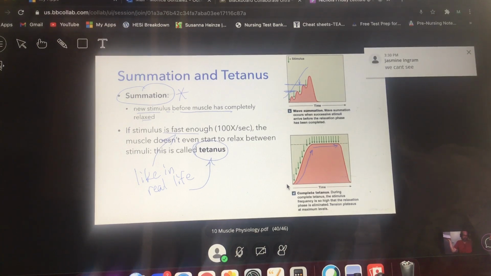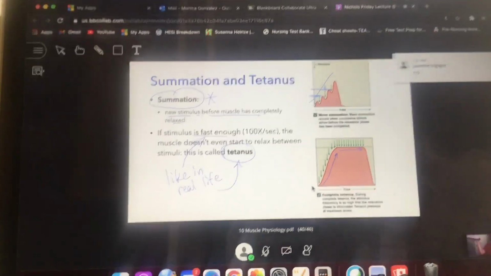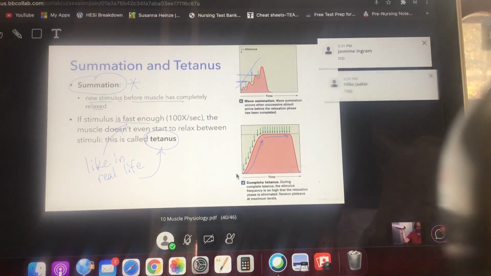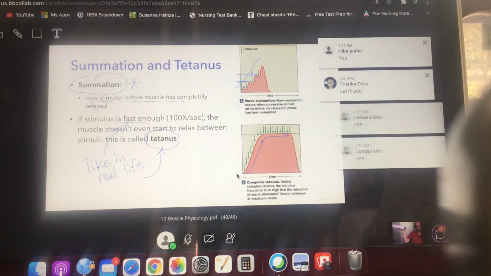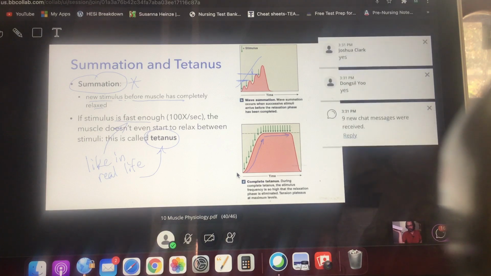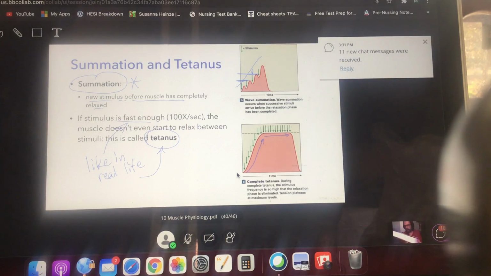What I'm doing, can you not see? Can you not see me in the camera? Do I have my camera off? Can you guys see me? Yes? No, some say no, some say yes. Try that refresh. I see myself. All right. Well, there goes my example. You got to click on me, Joshua Clark. Everybody click on me.